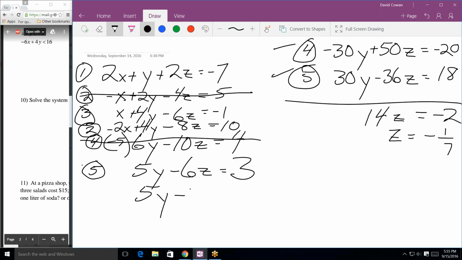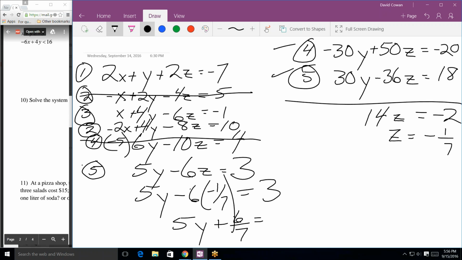Now I have 5y minus 6 times minus 1/7 equals 3, which now allows me to solve for y. 5y plus 6/7 equals 3, which means 5y equals, well, 3 is 21/7 minus 6/7 equals 15/7.